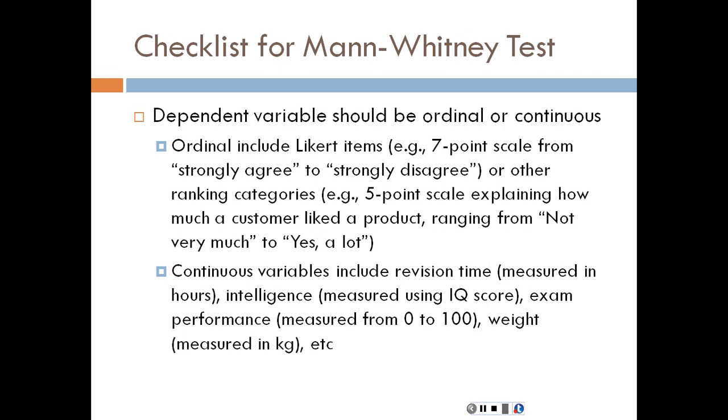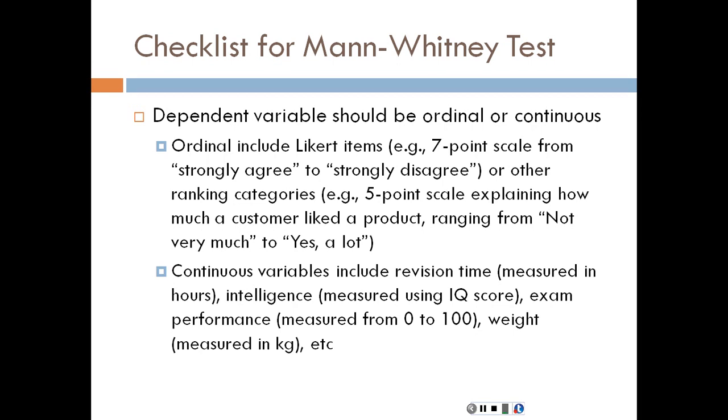Exam performance would be another example of a continuous variable. Each person would have a score ranging from 0 to 100. One person could have a 50, another person could have a 75, etc., etc. We could have weight measured in kilograms or pounds, whichever you prefer. Again, that would be a continuous variable.